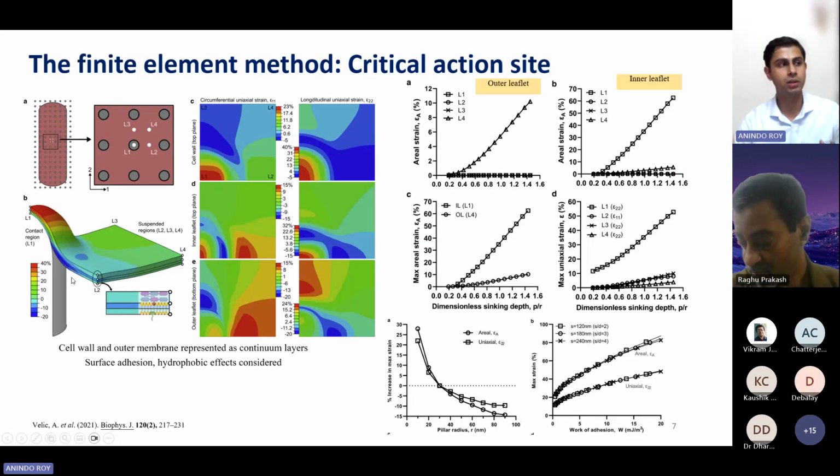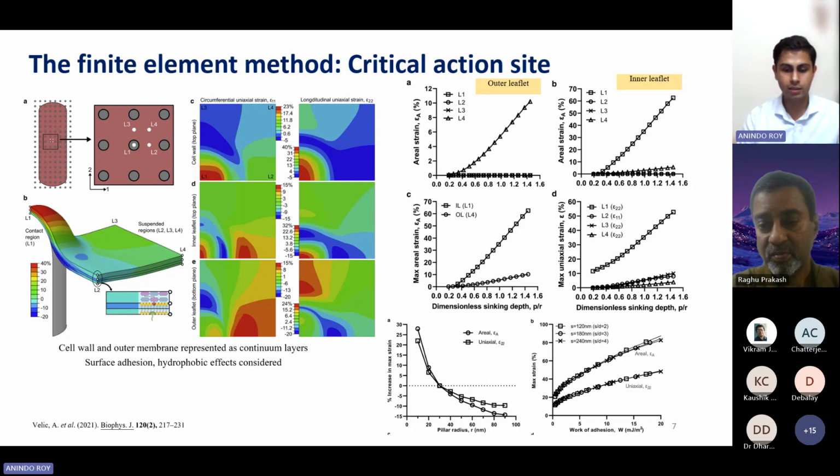So let's say you have a pillar with diameter 50 nanometers and you have another pillar with diameter 10 nanometers. We are applying similar loads in both cases. So when you have the pillar with the lower diameter, it just acts as a more penetrative surface, and that is all there is to it.